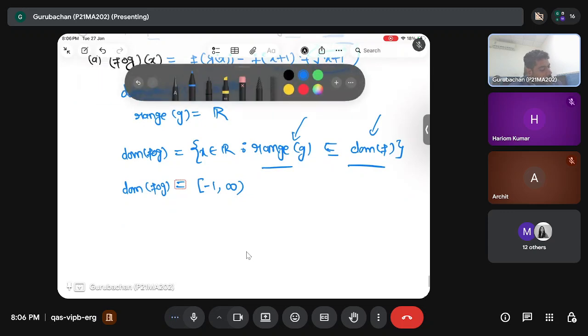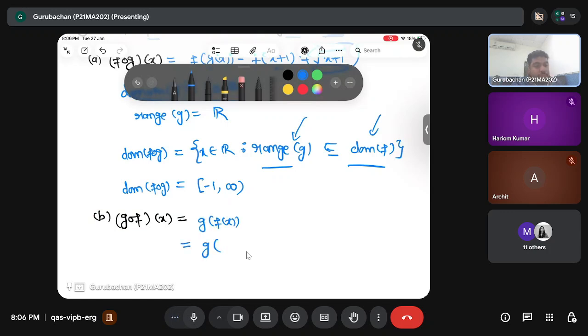Now do g of f and tell me its domain also. Quickly. Okay, do with me. Here, g at f(x). What is f(x)?